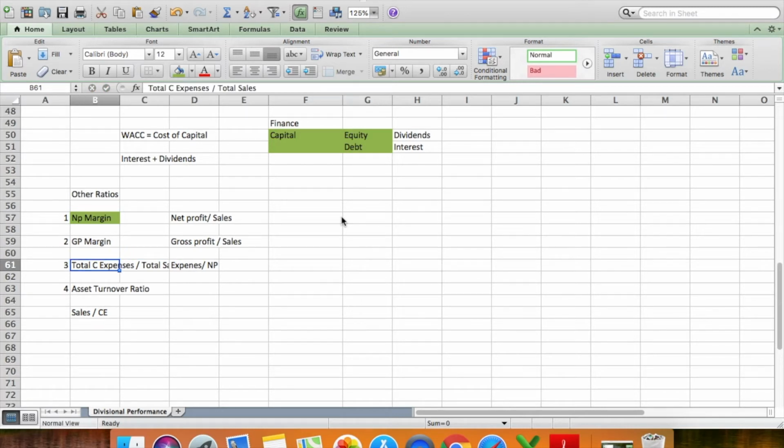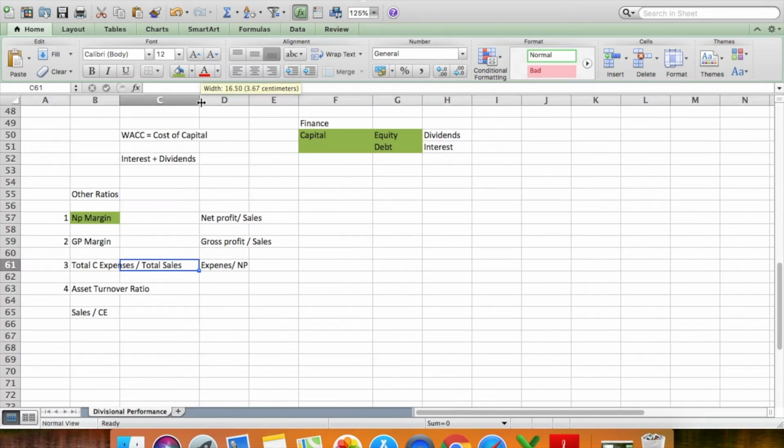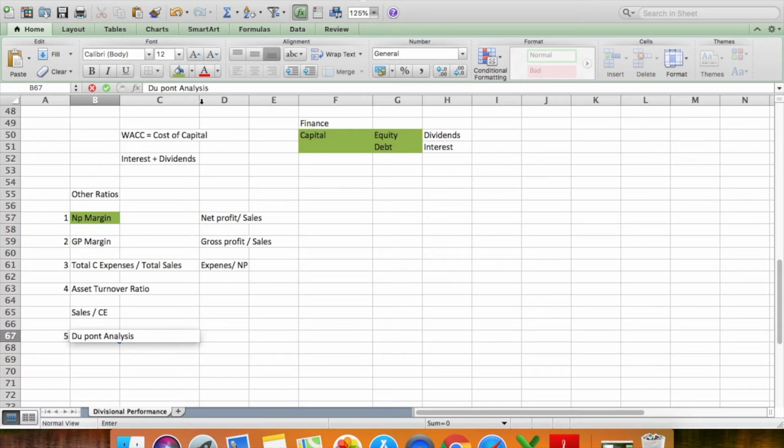Then you have the total controllable expenses to total sales ratio, or we can have expenses to net profit. And then one of the most important ratios is the asset turnover ratio. Asset turnover ratio is sales over capital employed. We also have DuPont analysis, which is mostly used.